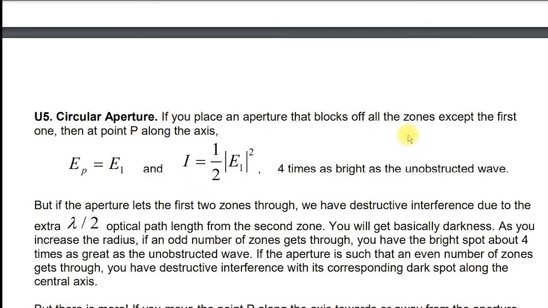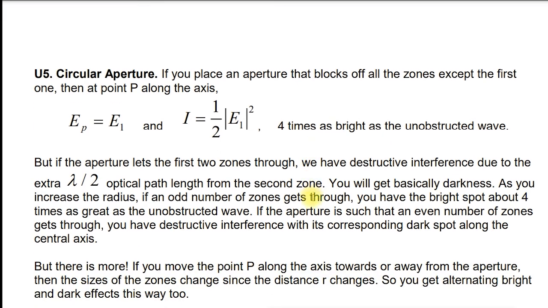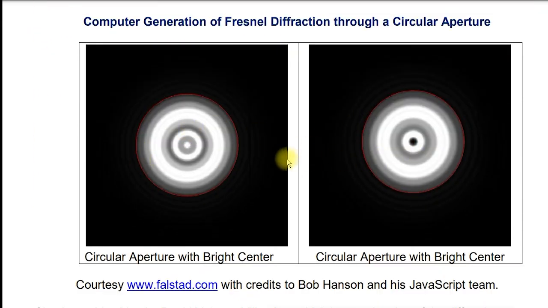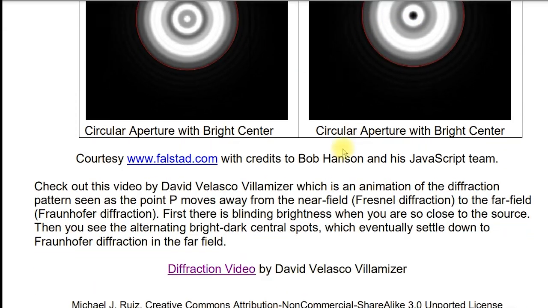So conceptually it's very nice to know that if you block out all the zones, you get the first one, see? And then if you blocked out all of them but the first 2, they would tend to cancel, see? So it's nice to know this general kind of argument and to understand conceptually what's going on here without the math, just the idea.